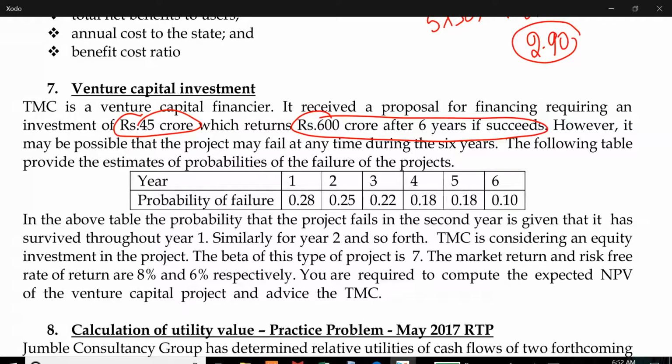Now listen, my initial outflow is 45 crores and the return which I am going to get is 600 crores, but the problem is the project may not even survive. So I have to find the probability of success of the project.